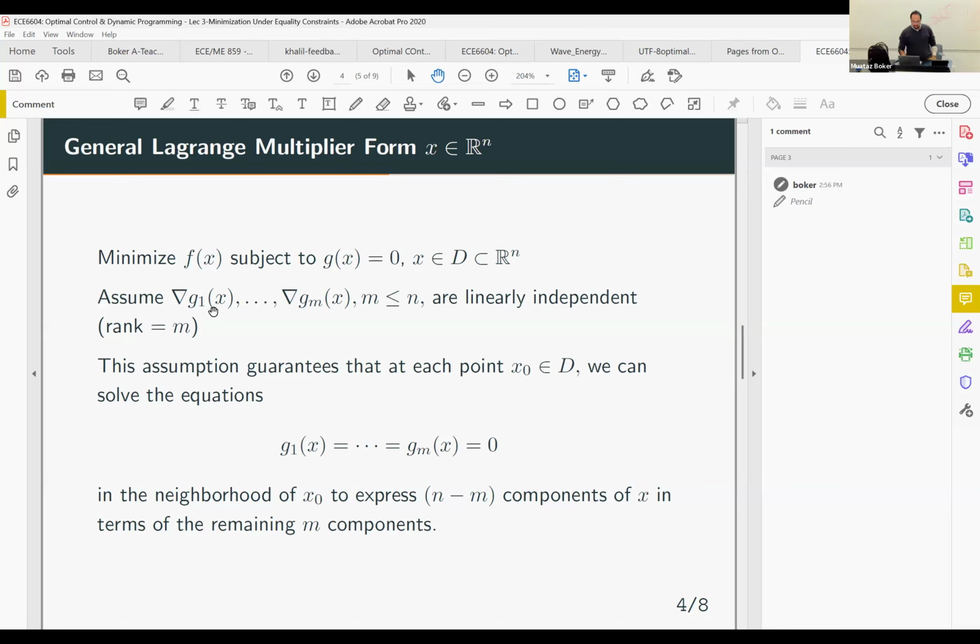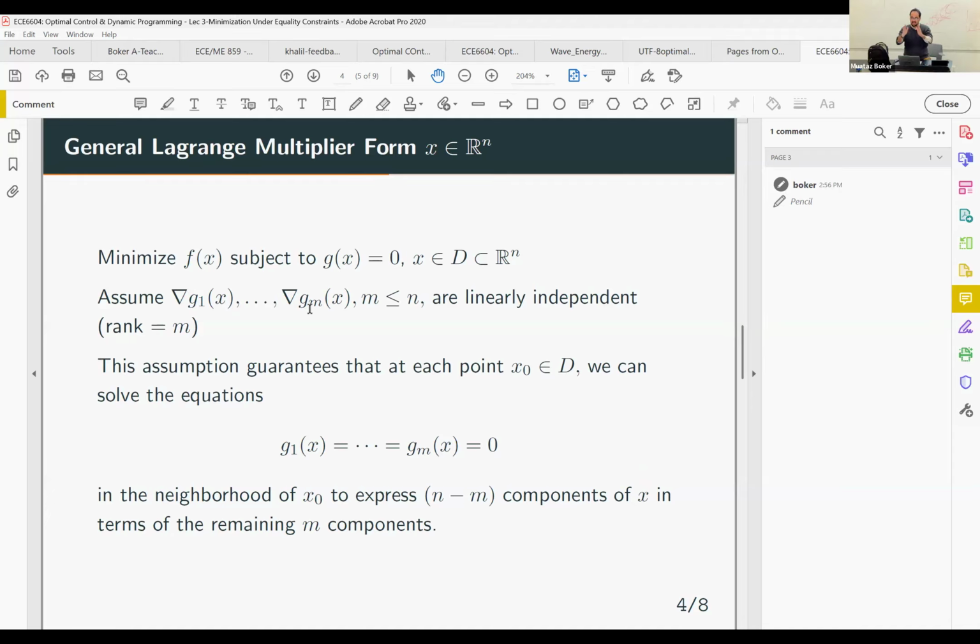So remember this, I'll give you an example later on, but basically assume that you stack the gradients of G1 of x and so on, vector 1, vector 2, in a matrix, right?